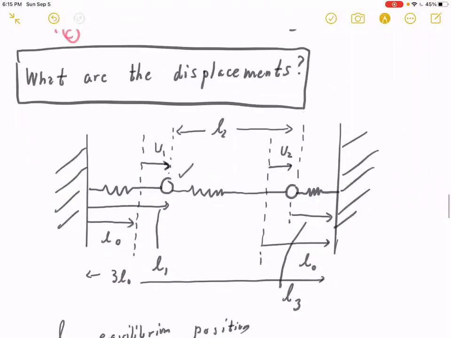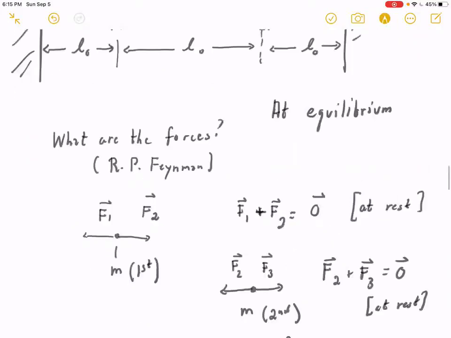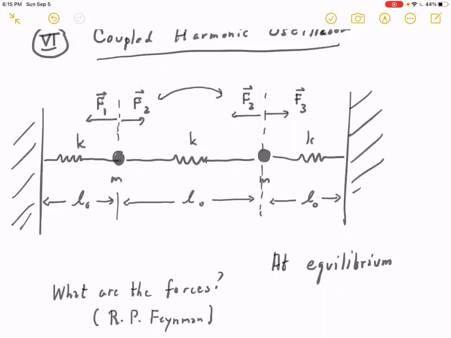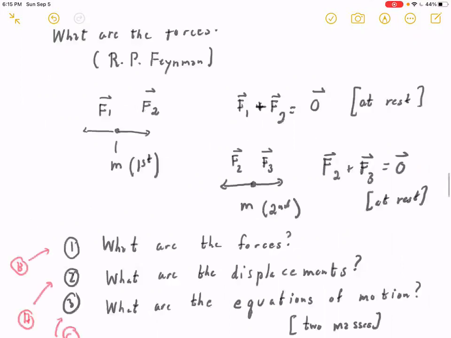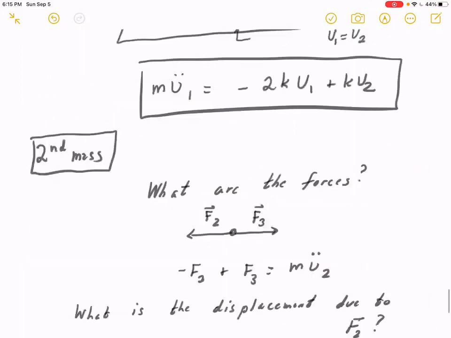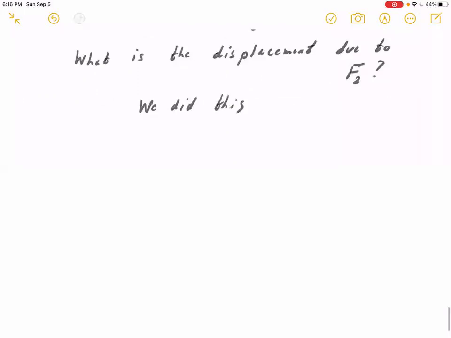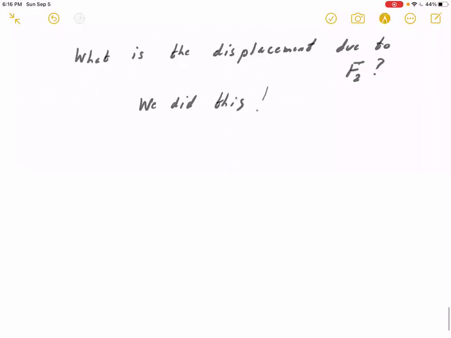These two masses are connected by the same spring. The spring is what causes the restoring force. So F sub 2 and F sub 2 are the same for these two masses. It's just that they have different directions. So we can write down immediately the answer for the displacement due to F sub 2.